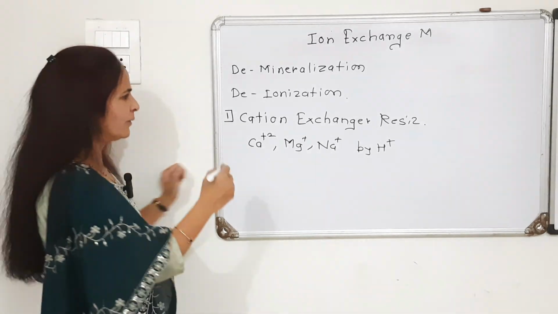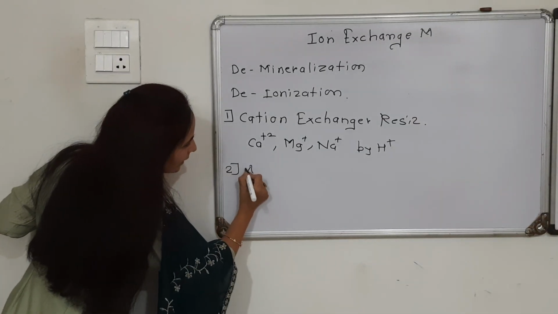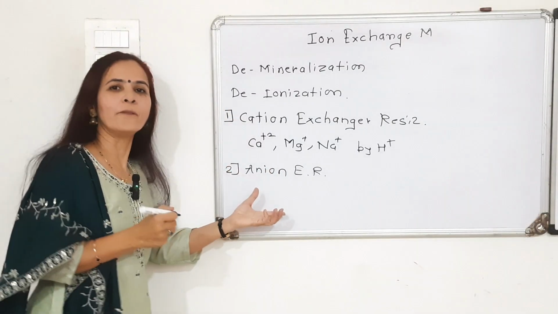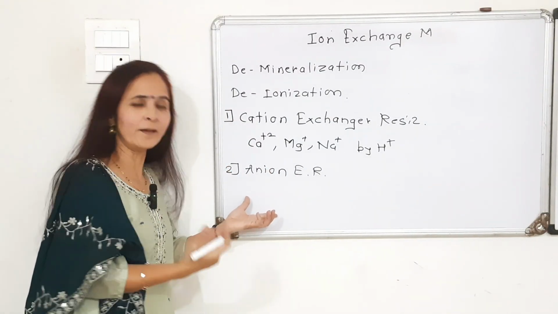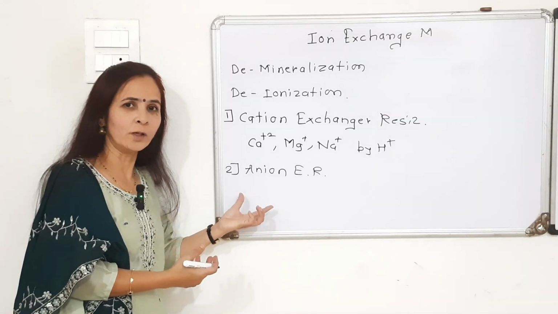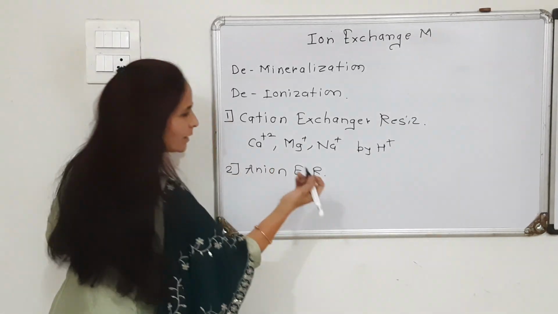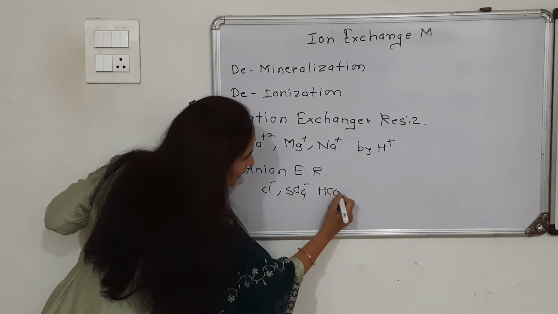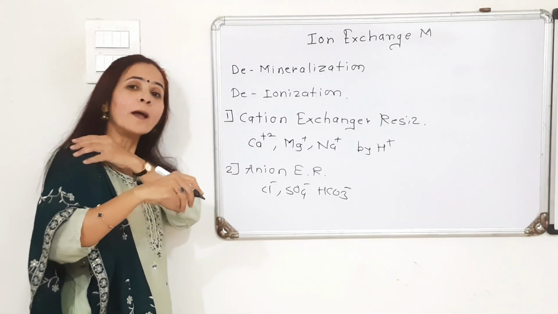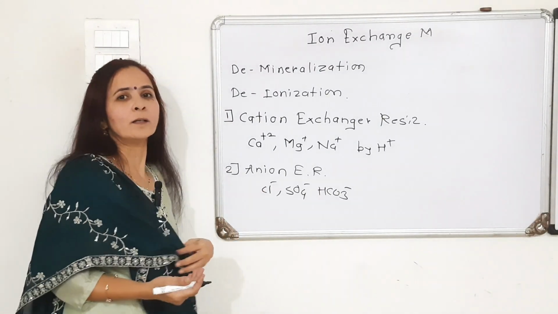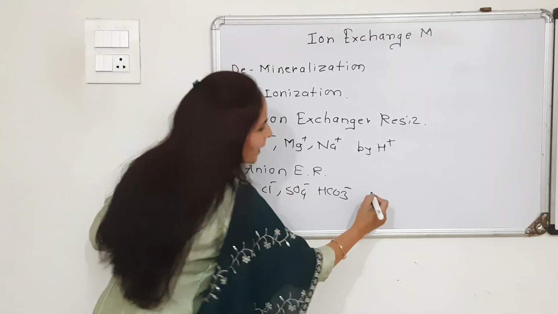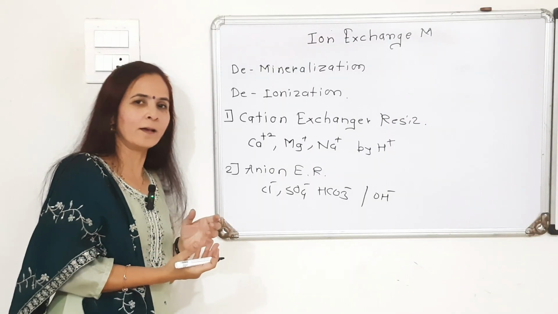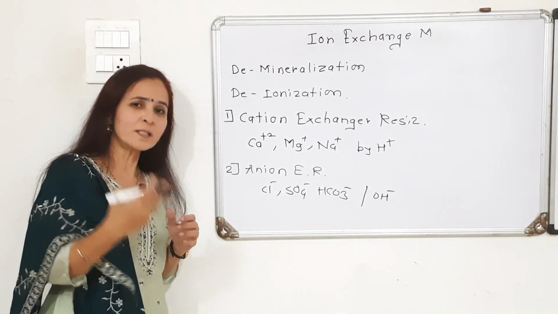And the second one is the anion exchanger resin. The resin which has the capability to exchange the anions present in the hard water with OH minus ions. The anions we can take are Cl minus, SO4 2 minus, HCO3 minus. These anions can be exchanged by the hydroxyl ions, that is OH minus ions, from the resin.